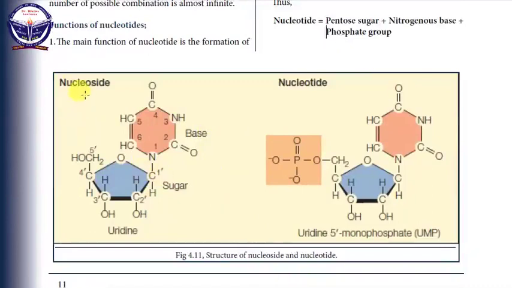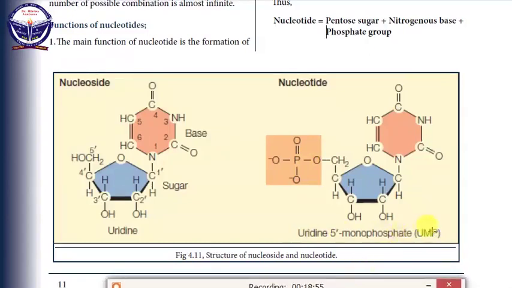We have the nucleoside made up of the pentose sugar and the nitrogenous base. This is uracil, and with ribose, we get uridine. Then this is the nucleotide, uridine 5' monophosphate, UMP.